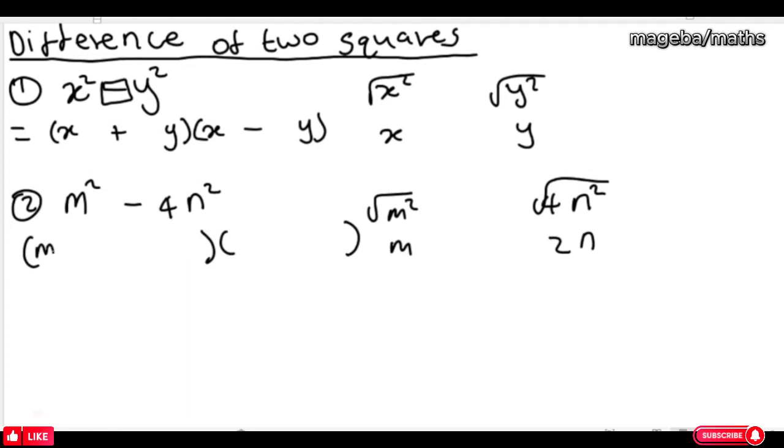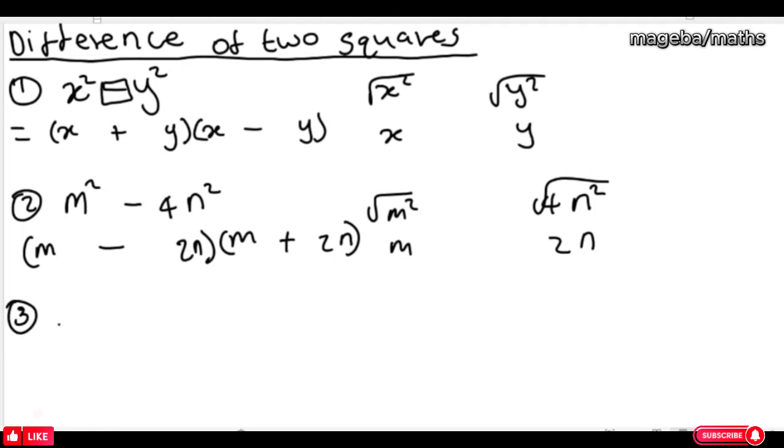You put m here, since m is our first term that's on the start. You put m here, since m is our first term. Then the last term here, which is 4n squared, we're going to put the square root of it, which is 2n, and then 2n, and then after that it's plus or minus.